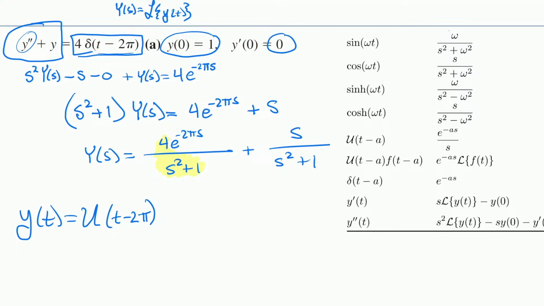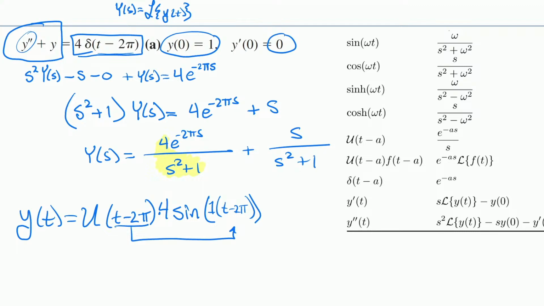The 4 is just going to be 4 times sine of 1t, because notice right there the omega, or w, if you want to call it w, is 1. But when we write it down here, instead of 4 times sine of 1t, we're going to change the t to match this stuff right here. So here, I'll even put a 1 here just for fun. So t minus 2 pi. So you get whatever it is that you need, and then you change it so it matches the unit step function.